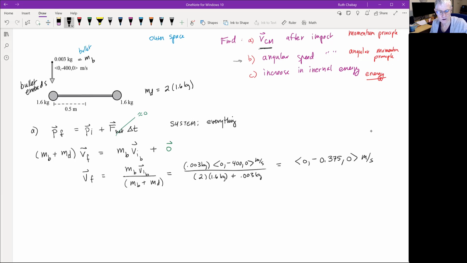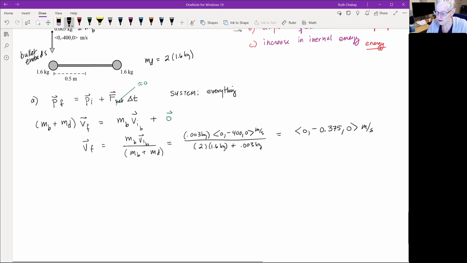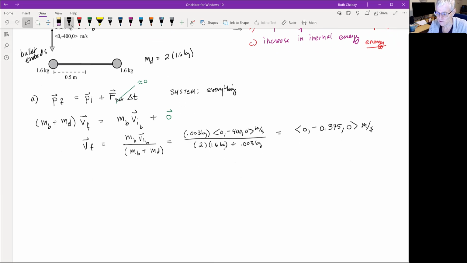So kind of a complicated motion. And of course, if we were asked, where would this thing be 3 seconds later? We could use our final position as our initial plus v final delta t to update its position.